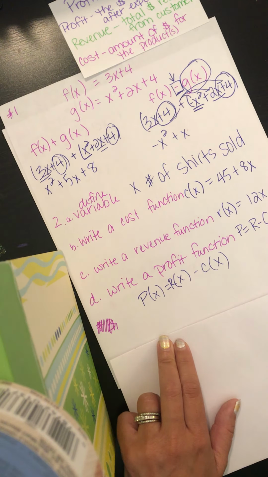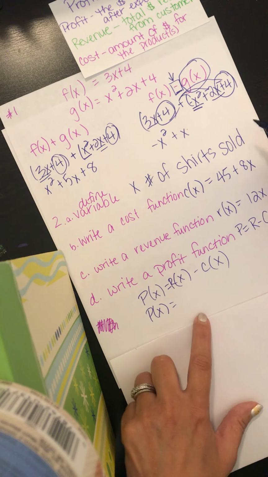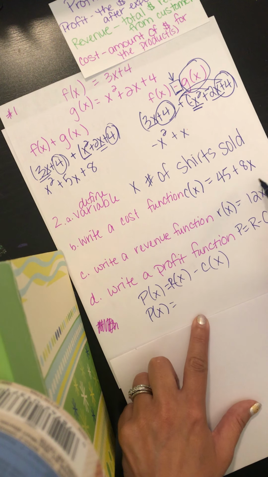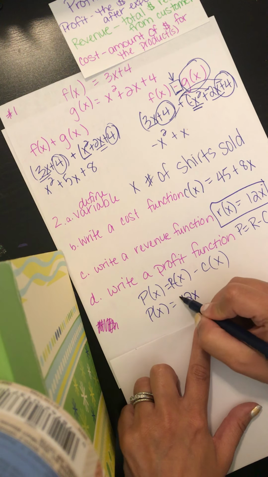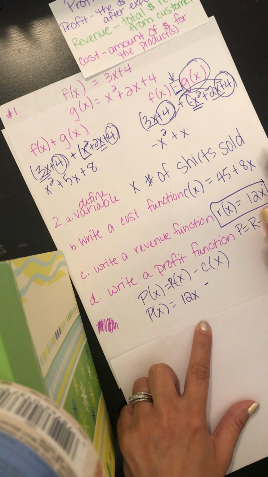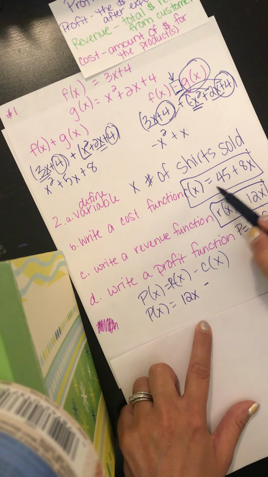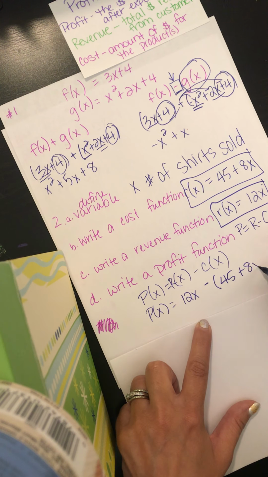Okay, so I'm going to take my R of x, which was my 12x, minus my C of x, which was my cost. Now again, I'm subtracting everything. So I'm going to put that in parentheses, 45 plus 8x.